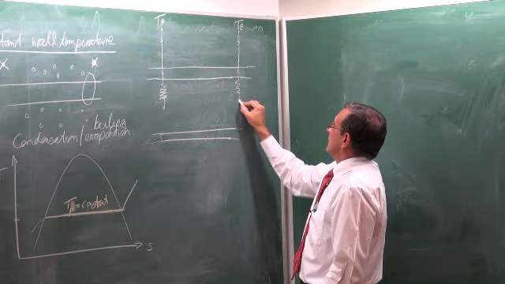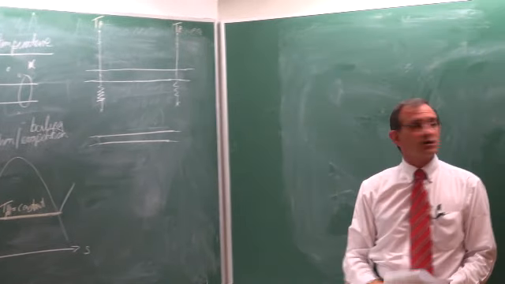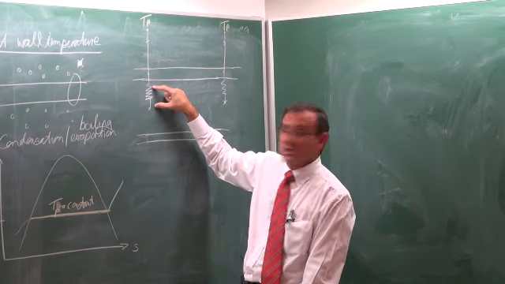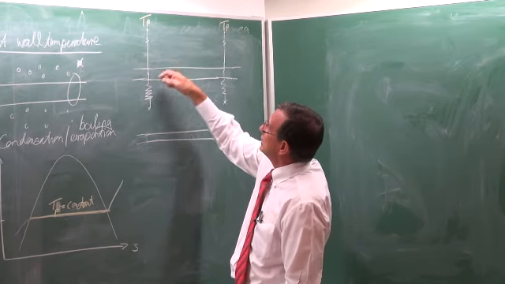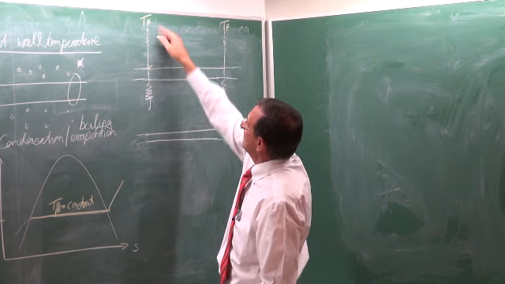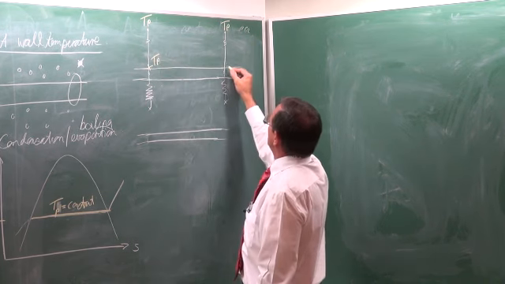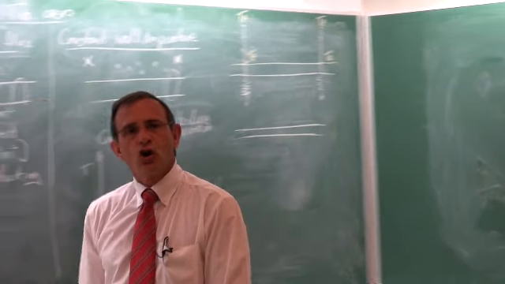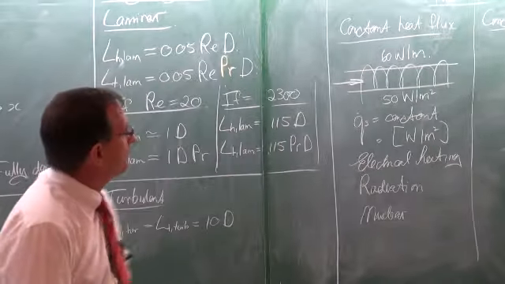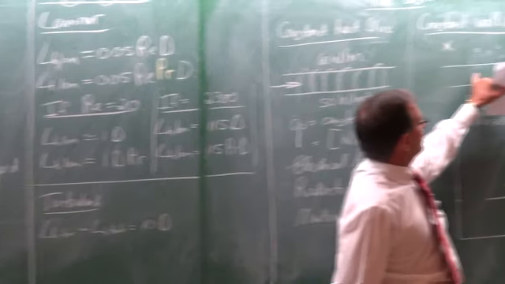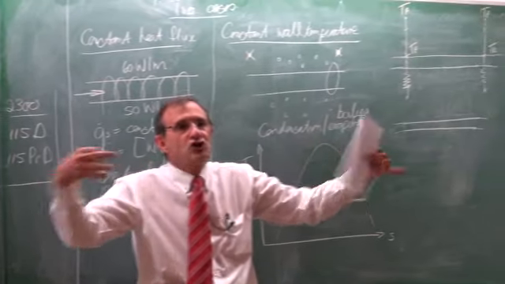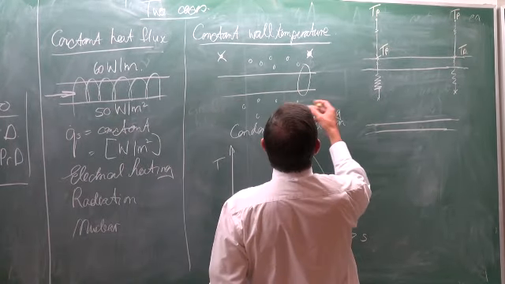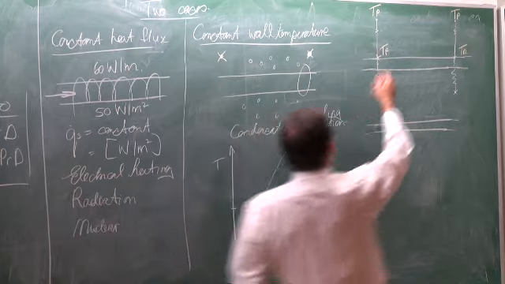Okay. So if you go and do calculations with a few of these values, where this is a very large resistance and that a very small one, you're going to see that that temperature and that temperature are, for all practical purposes, the same. So a constant wall temperature is the second category. Our wall remains constant because of this process on the outside with very high heat transfer coefficients.